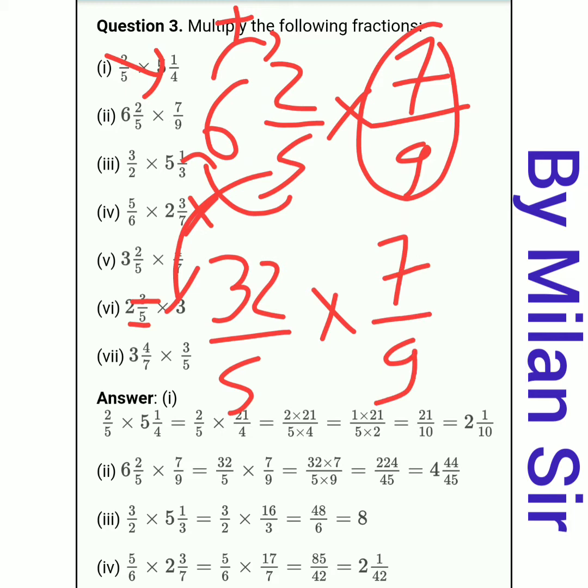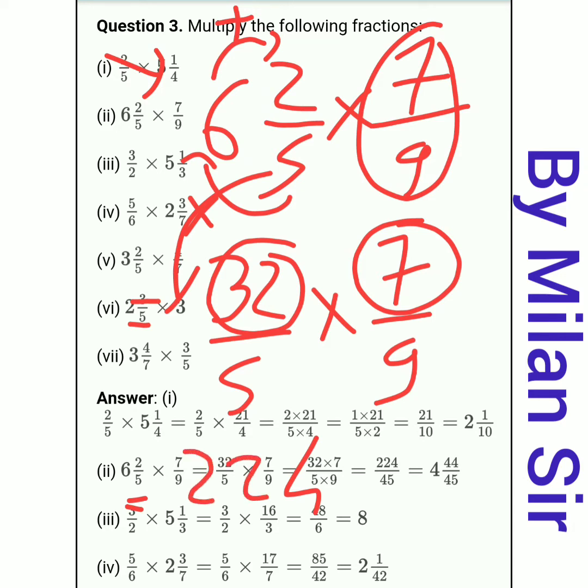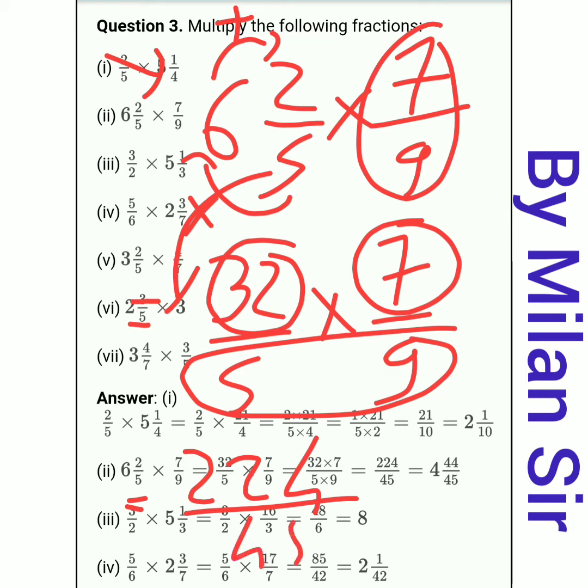Here we cannot cut anything in numerator and denominator, so directly we do multiplication. In numerator 32 multiply 7, 224. In denominator 9 multiply 5, 45. So 224 divided by 45.